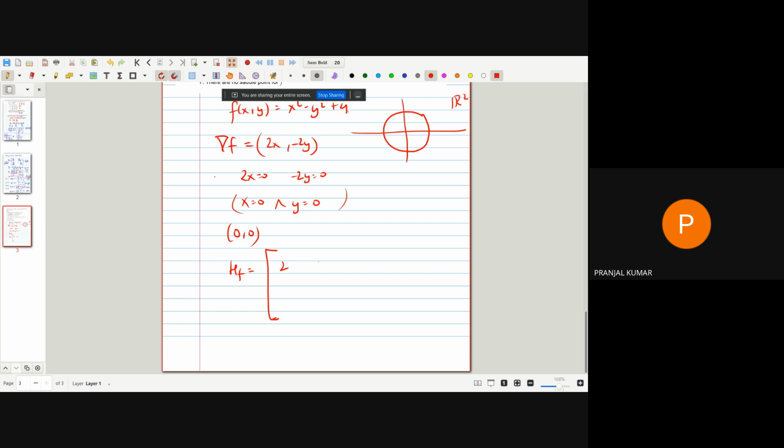So 0, then you will get minus 2. So this is your Hessian matrix. Determinant is negative. That is minus 4. So what is it? It is a saddle point.